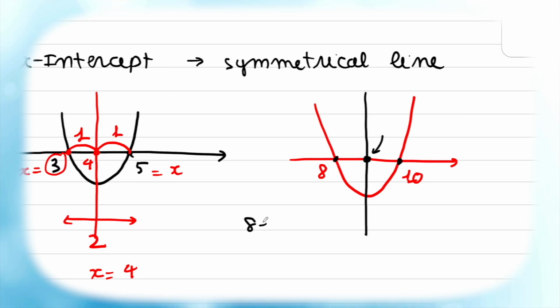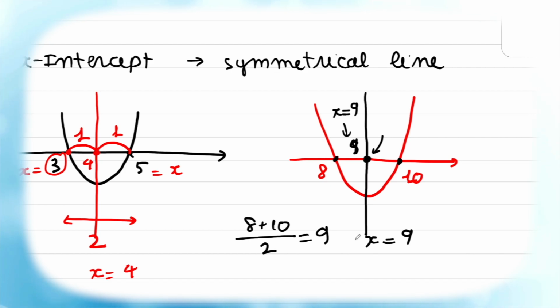The midpoint between 8 and 10, 8 plus 10 divided by 2, will be equal to 9. This means the x-intercept of the symmetrical line will be 9. And from this point, I can figure out the symmetrical line equation, which has to be x equal to 9.